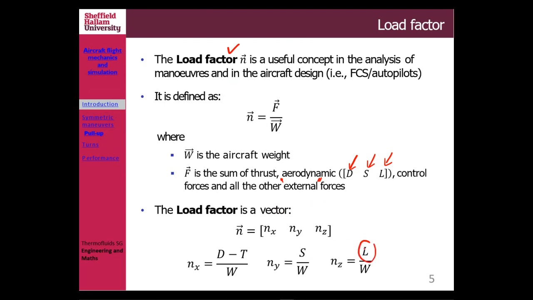Since it's expressed as a factor, the load is shown as a ratio of the amount of lift. We talk about lift for the moment, because later you will realize that although the load factor has a component in X, a component in Y, and a component in Z, the most significant load factor happens in the Z direction, which is the ratio between the lift and your weight. So the load is shown as a ratio of the lift generated over the weight, or the apparent weight.